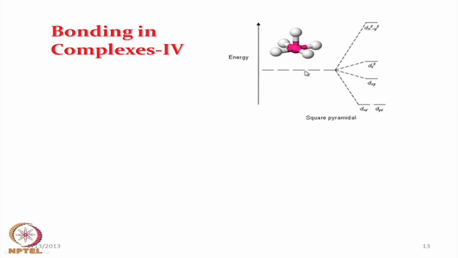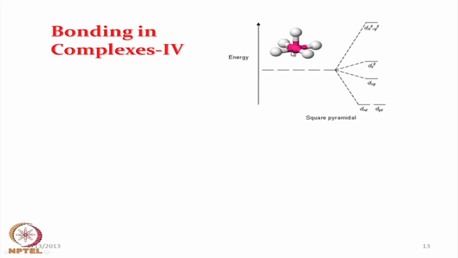So that basically gives us some idea of how we derive it starting from the corresponding octahedral geometry or a square planar geometry. So if we take out that particular ligand from an octahedral geometry, originally in octahedral geometry, dxz, dyz and dxy, these three belong to the t2g set, and dx square minus y square and dz square, these two were in the eg set.